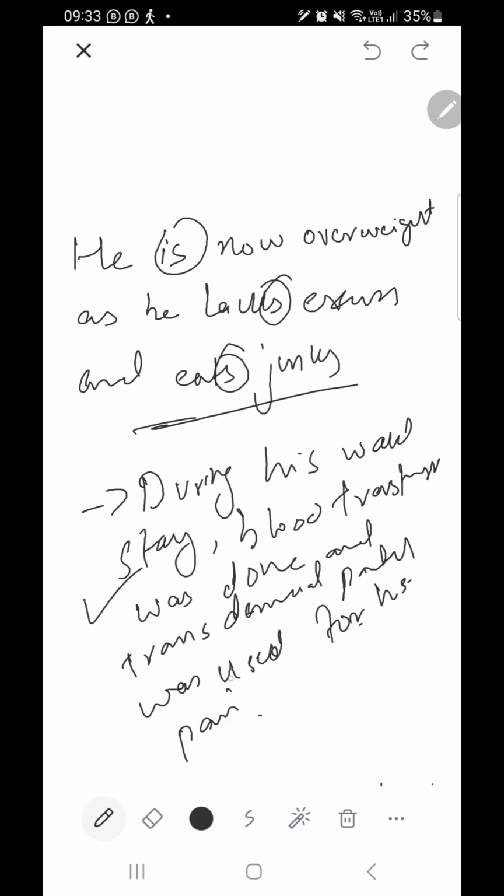So the passive verb form can also be used. Similarly, these are some examples of parallel sentences, where you have the same form of the verb in your tense.